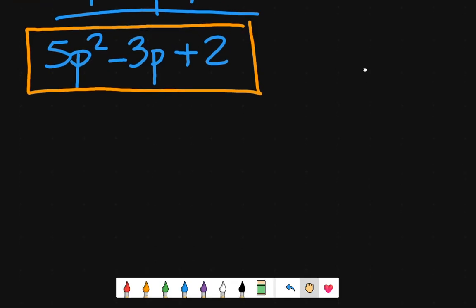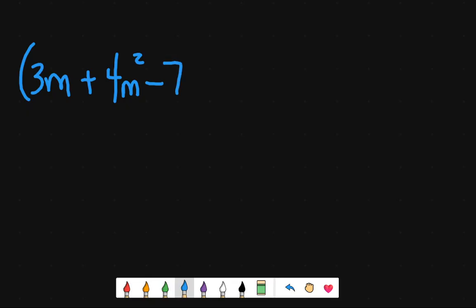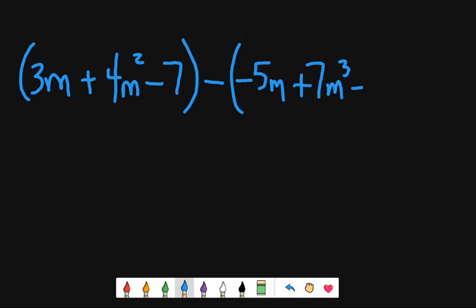And this one, I want you to actually try it out first, pause the video, and then come back and see if you have the correct answer. All right, so what we have here, we have 3m to the first power plus 4m to the second power minus 7, and we are subtracting negative 5m to the first power plus 7m to the third power minus 2m to the second power minus 12.